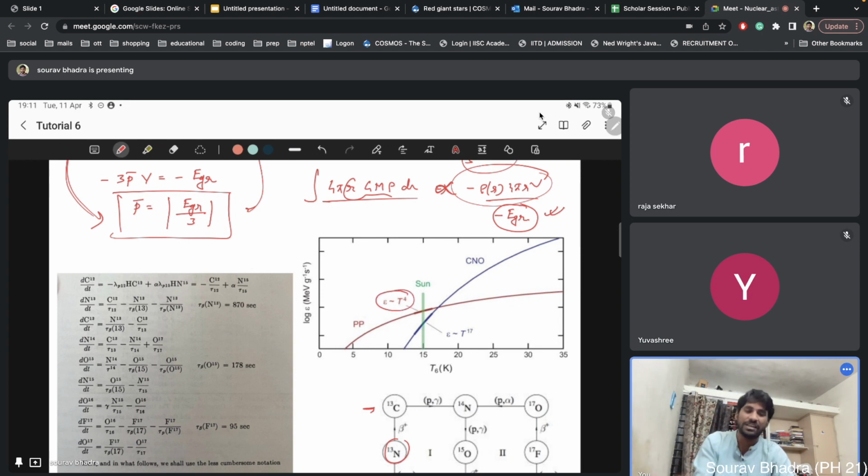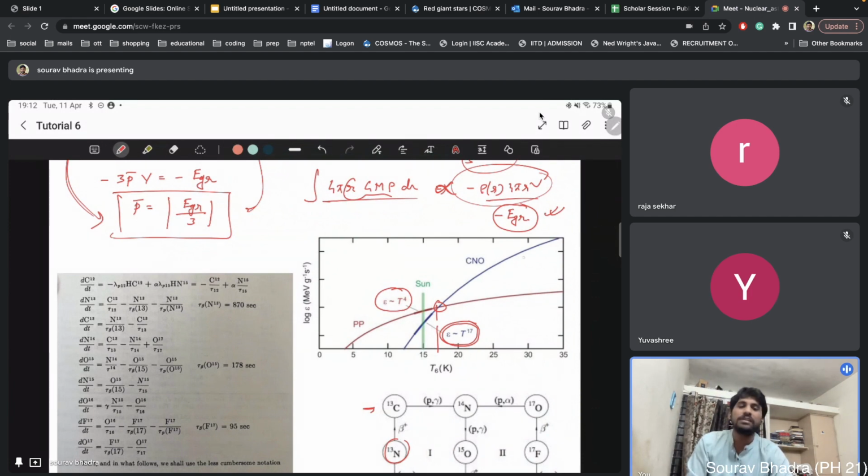Up to some temperature, the proton-proton reaction dominates, and after this temperature, the CNO cycle dominates, because the CNO cycle goes as T to the power 17, but the proton-proton goes as T to the power 4. So after some point, the 17 will take over the 4 power law, and it will dominate.